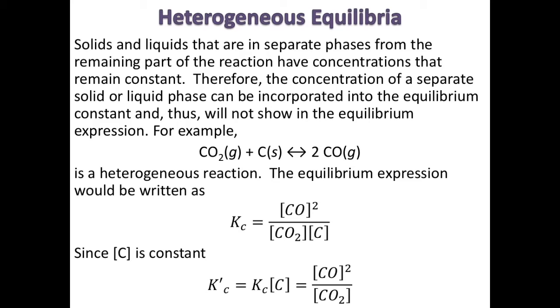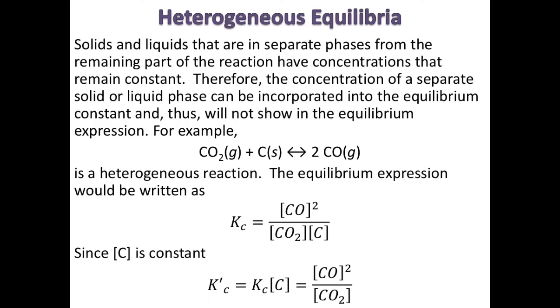Next, let's look at what is called heterogeneous equilibria. Solids and liquids that are in separate phases from the rest of the reaction have concentrations that basically remain constant. Since those concentrations remain constant, we can remove them and multiply them into the reaction constant or the equilibrium constant, and therefore they will not show up as part of the reaction quotient or the equilibrium constant.